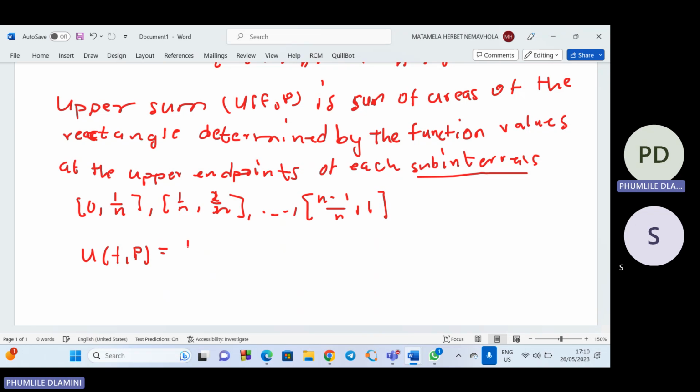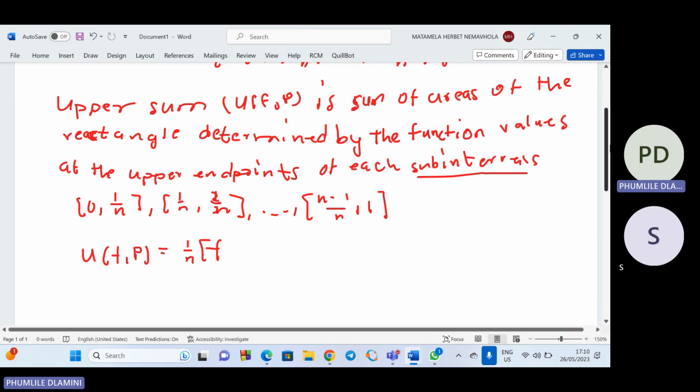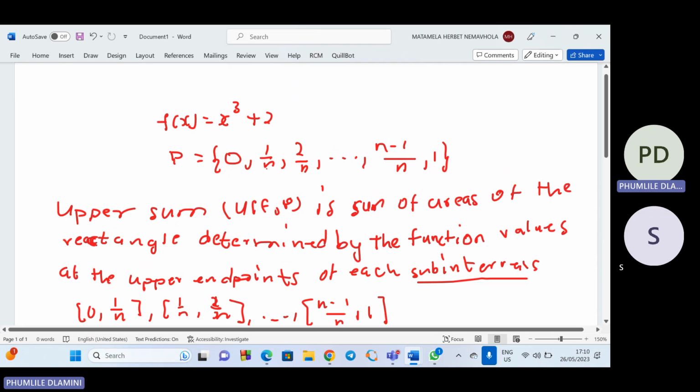is equal to 1 over n multiplied by the function values, where, for the upper sum, we don't start at 0. In our partition we start on the right side, which is 1 over n.